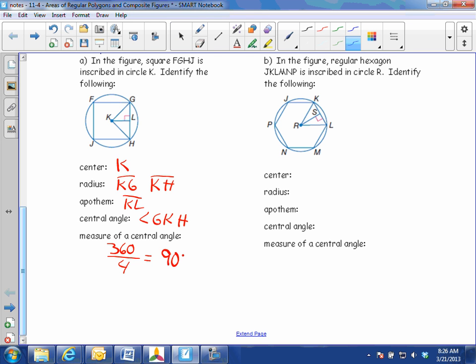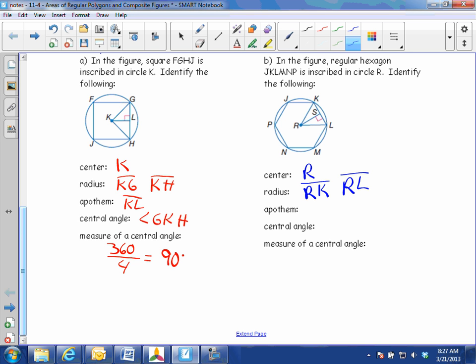In this one, we've got a regular hexagon inscribed in the circle, and again, we're identifying all the following. Tell me what the center is. R. What's the radius? The radius has to go to the corner of the polygon. When you name them, do you have to start with R?